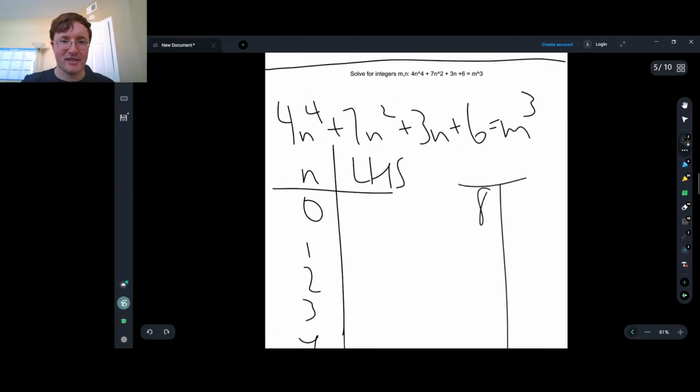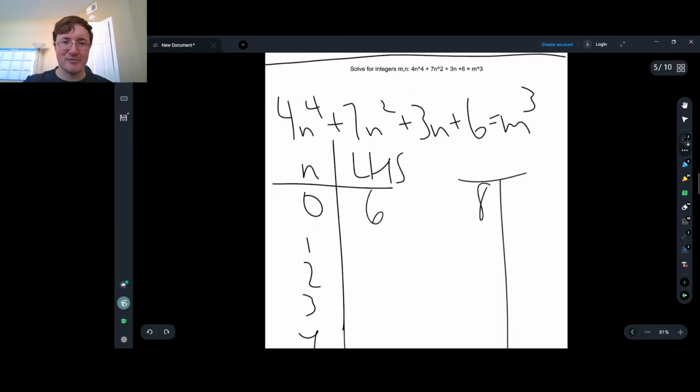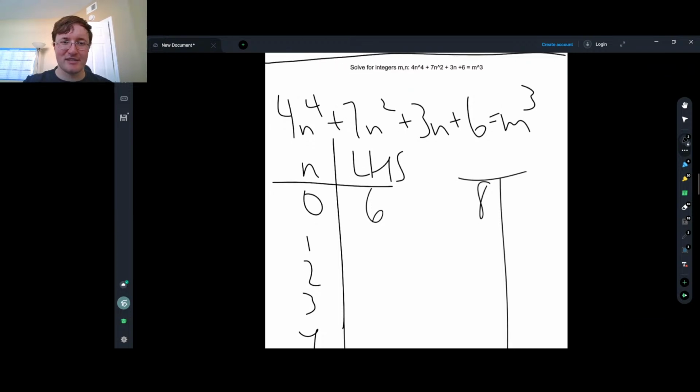Okay, so 0 I get 6. And the only cubes mod 9 are 0 and plus or minus 1. So if I plug in 1, I get 20, which is 2. If I plug in 2, 4 times 2 to the 4th is 64, so that's 1.